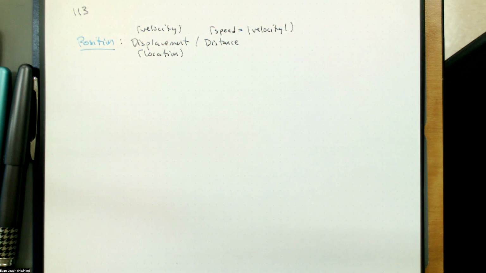With displacement, we care about the sign of the velocity. With distance, we care about the absolute value of the velocity, just how much velocity is there, not which direction it is going.